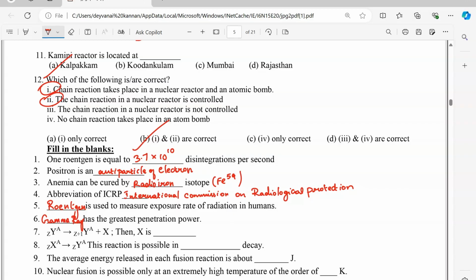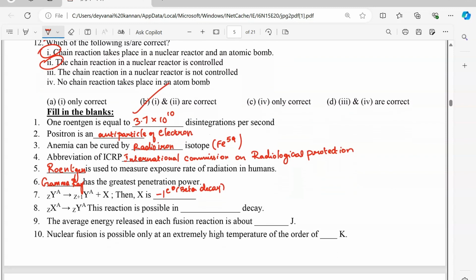Z X^A gives Z+1 Y^A plus x. Then x is -1 e 0, beta decay. Z X^A gives Z Y^A. This reaction is possible in gamma decay.